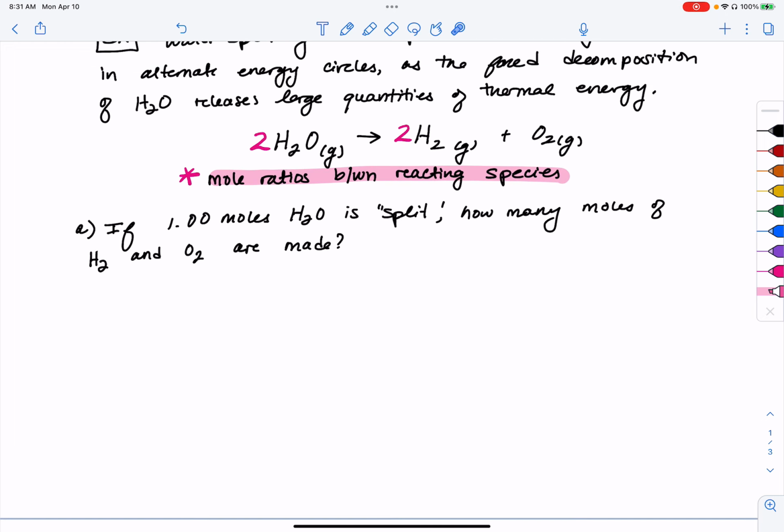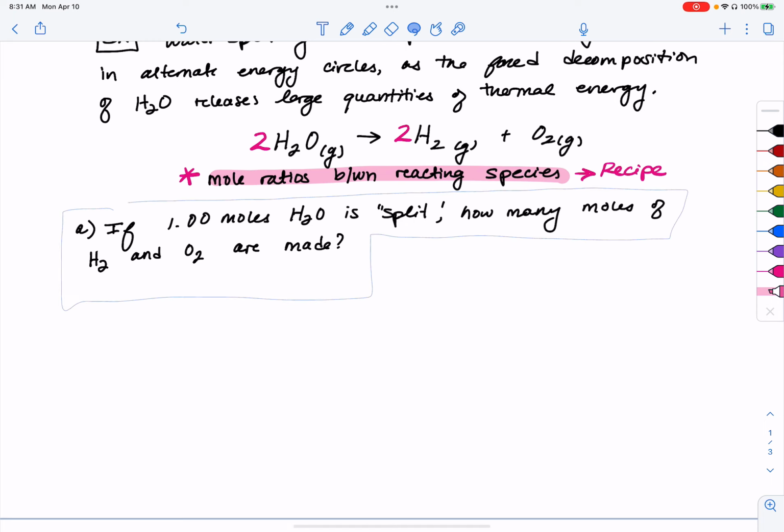All right. So now that we have our recipe, which tells us the mole ratios that are needed in order for this reaction to proceed, let's look at an example where we are now rifling through the pantry.